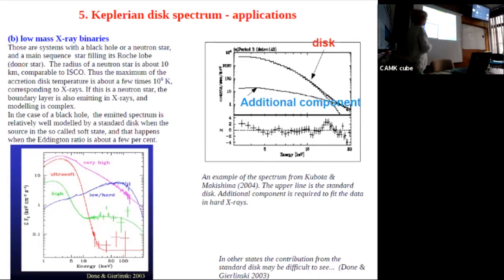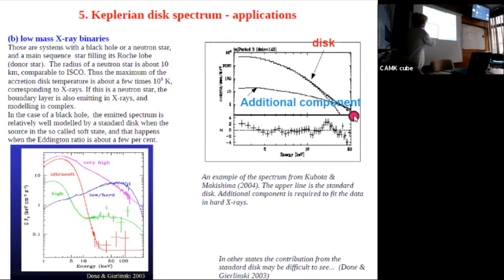But in the case of black hole in soft states, the model of a standard accretion disk applies. So here is a paper from Makishima, 2004.